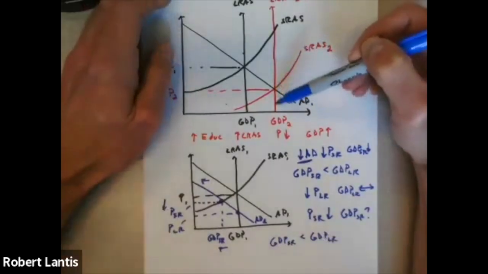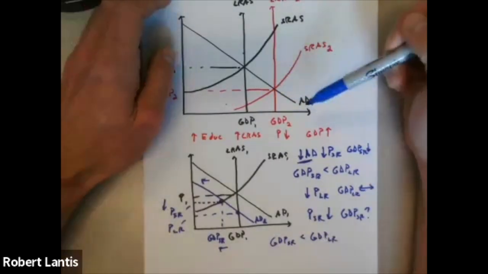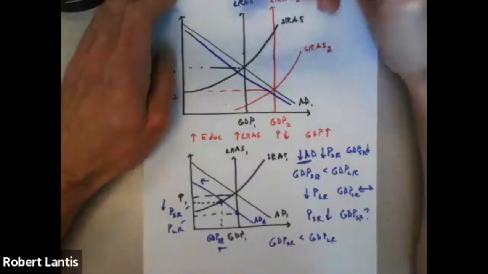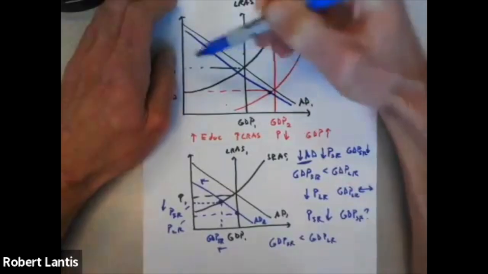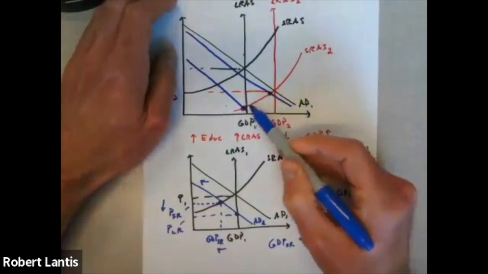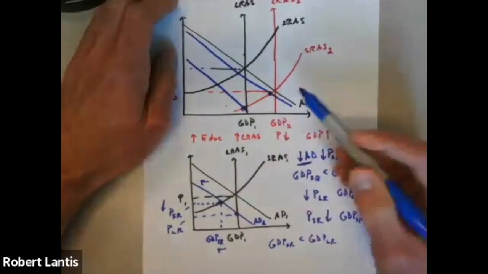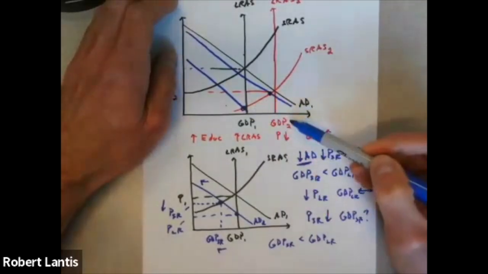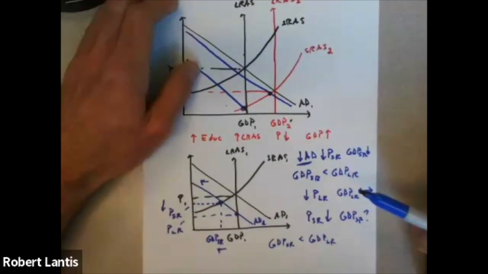I know that my GDP is always going up from this long run supply increase, but if I have a decrease in aggregate demand, doesn't matter if it's really small, and it doesn't matter if it's really large, it's still causing my short run GDP, the point where it hits my new short run aggregate supply curve, to be lower than the eventual long run GDP.